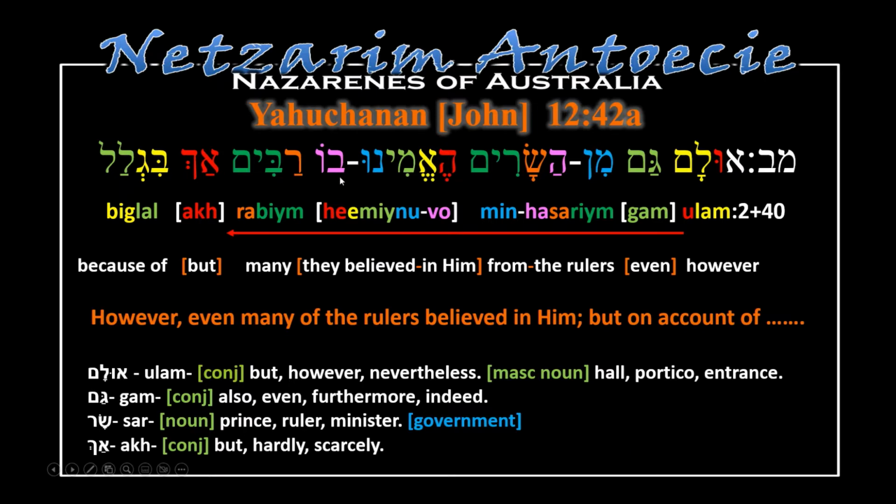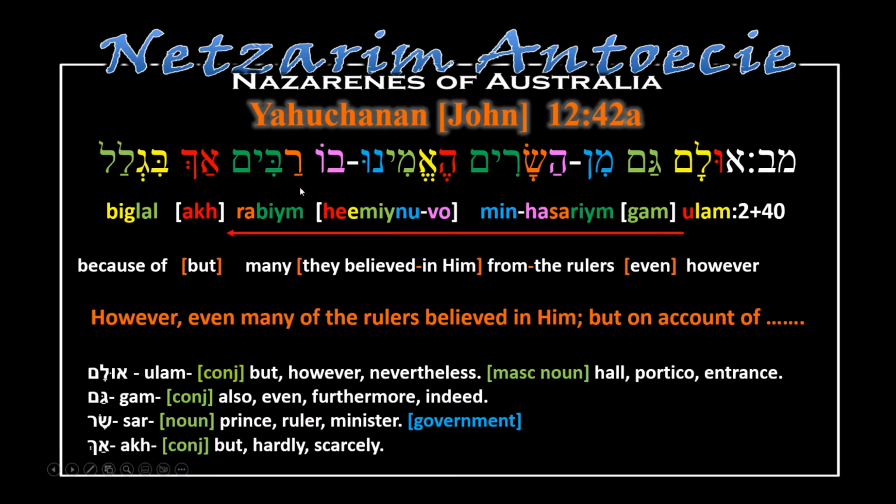He'eminu vo. He'eminu means they believed, because again the vav at the end, when it's got the dot there, can mean they. So they believed, and then vo, the bet is in and the o is him. In him. They believed in him.